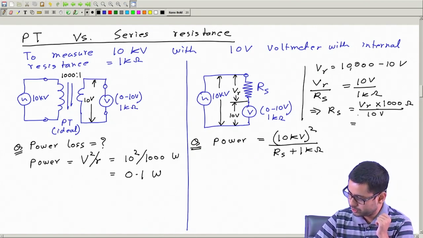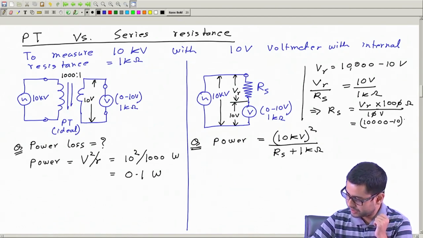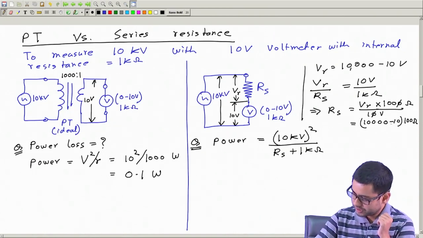Now VR is 10,000 minus 10, multiplied by 100 ohm. So that's a huge one.